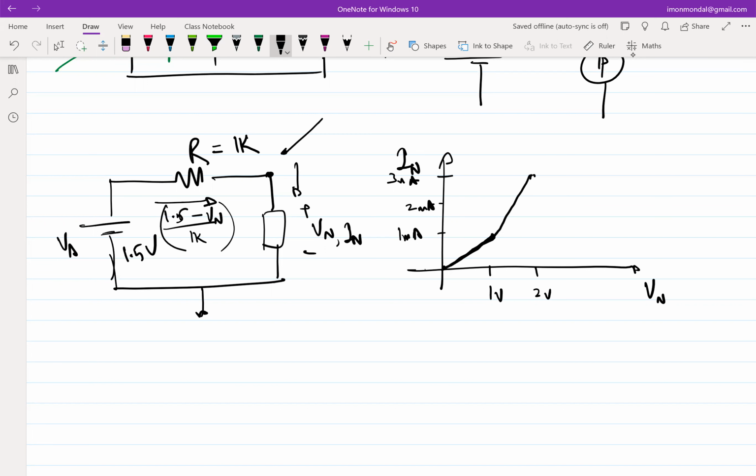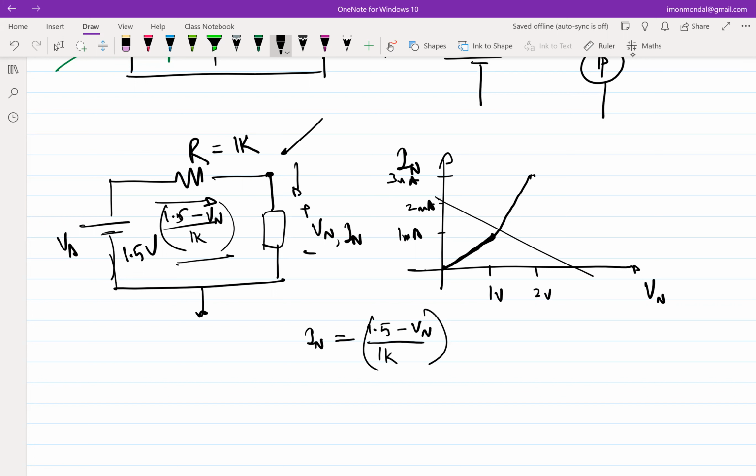So this equating can be done graphically also. What does this equation tell you? It's a relationship between In and Vn: In is equal to 1.5 minus Vn by 1K, which is also a straight line with a negative slope, right? So you will draw it here and find out where these two intersect. Wherever these two intersect is your solution, right?